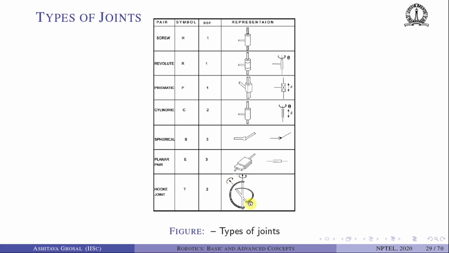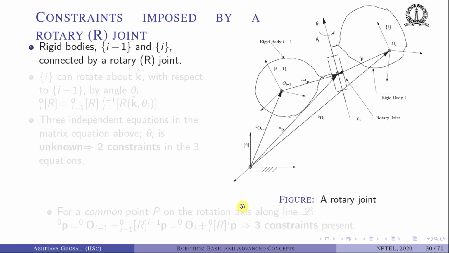U comes from universal. Basically we have one rigid body connected to one ring and the other rigid body connected to the second ring, and in between there are these 2 bars which connect the two. What you can see is that both of these rigid bodies can have 2 rotations about 2 different axes, one along this and one along this vertical. So hence it is 2 degrees of freedom.